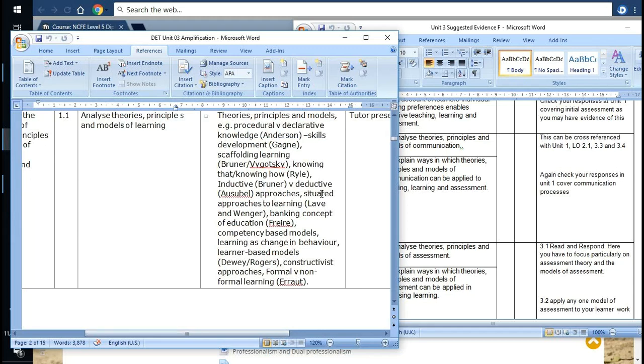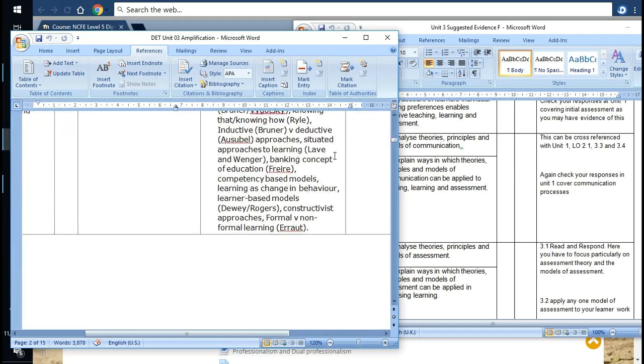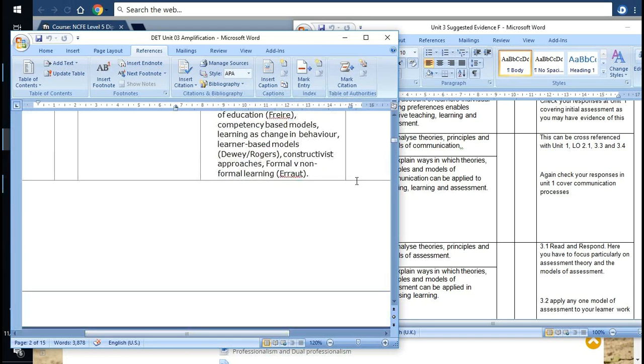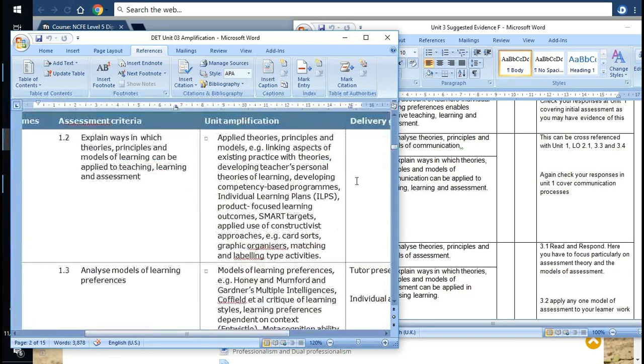So it's an analysis of those. And also, I would suggest at this point, you pick one out that matches similar to what you actually do, because there will be one. So explain ways in which they can be applied to your teaching and learning. That's why you pick one.